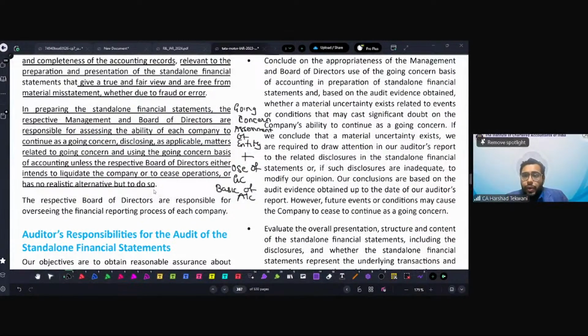If they are using going concern, then the company should continue. If the company is not going to continue, it is going to cease operations, it is going to liquidate, or they don't have any option available to continue the entity, like they are stuck in losses or something like that, then please do not use the going concern basis. That is the responsibility we created again.